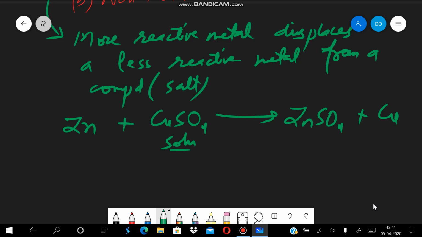In this case, we can see that the zinc metal has displaced the copper metal from copper sulfate solution. It is because the zinc metal is more reactive. So a more reactive metal can displace a less reactive metal.